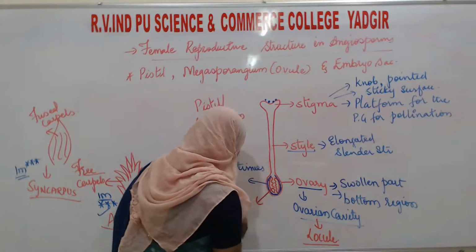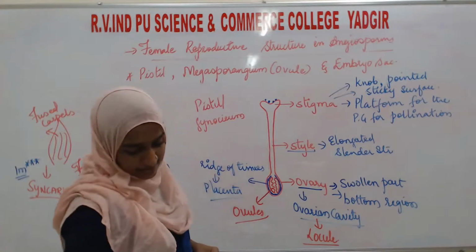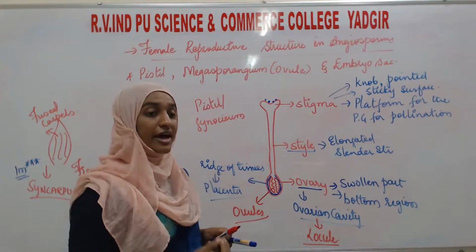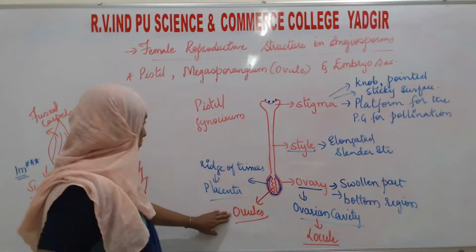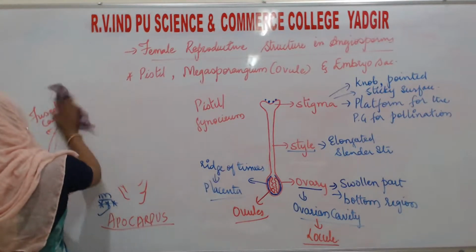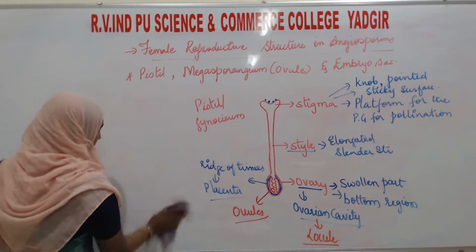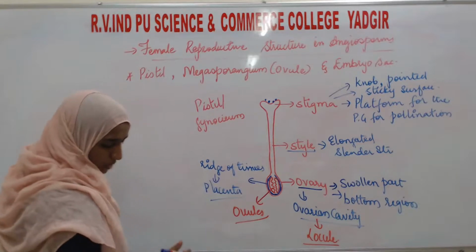These are the ovules. The number of ovules varies in different ovaries. In some species of flowers or plants, the ovule may be one.